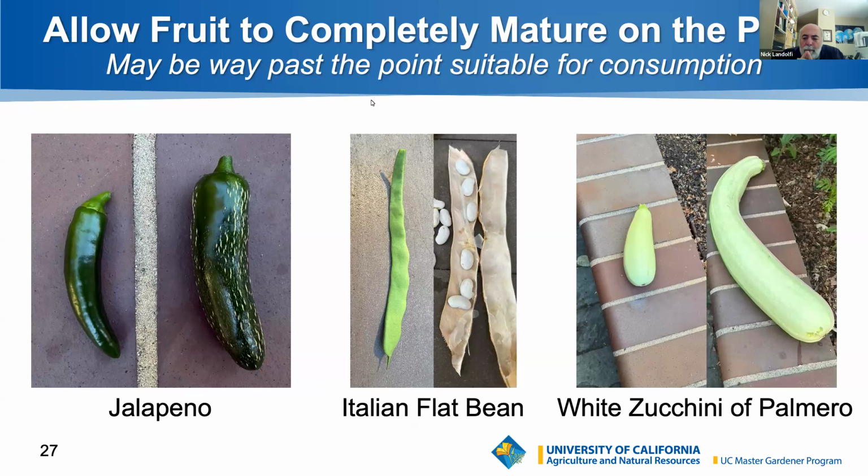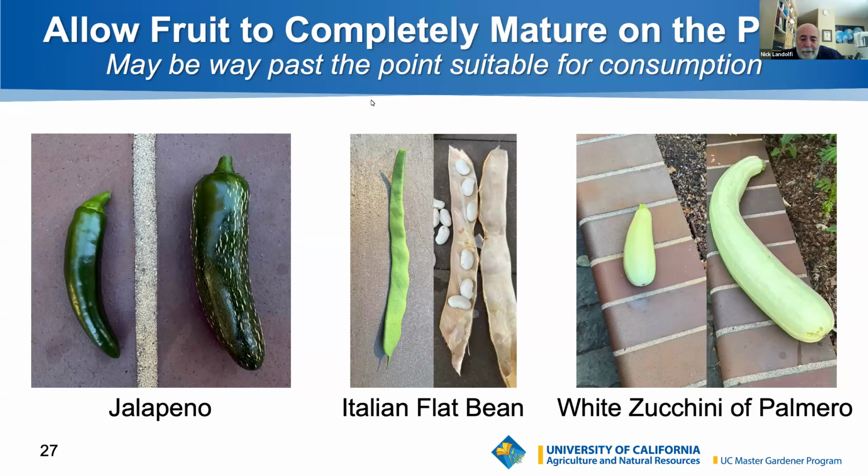The fruit or vegetable from which you want to save seeds will almost always be past the point at which you would harvest for consumption. Ideally, you want the produce to completely mature on the plant. Here are some examples. In each case, the fruit or vegetable that I would harvest for consumption appears on the left, and that I would use to save seeds appears on the right.